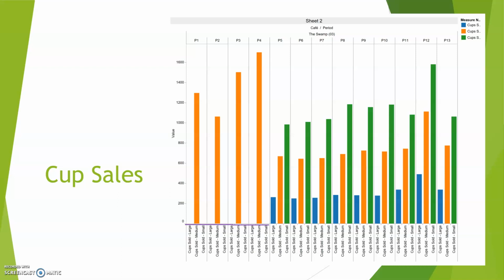After the 4th period, we started selling small cups for $2.60 and large cups for $4.30. Our large cups are in the blue here, and our small cups are in the green. We were also selling our medium cups for $3.60.